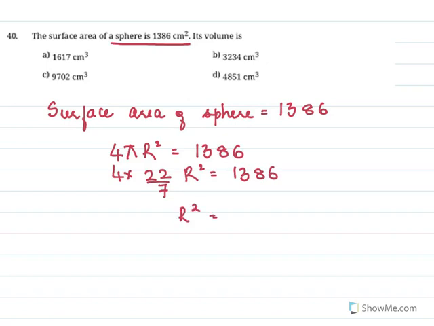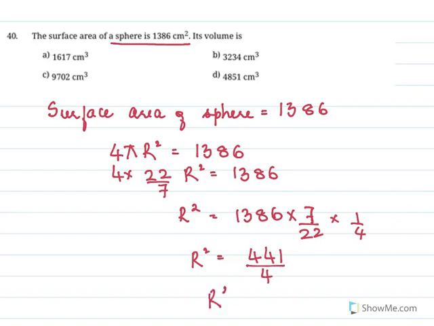So if you find your r square will be 1386 into 7, you take it on the other side, over 22, 1 by 4. So here you will work it out. You get r square is 144, or not 144, 441 over 4. So r square equal to 21 square over 2 square. So r is 21 over 2.